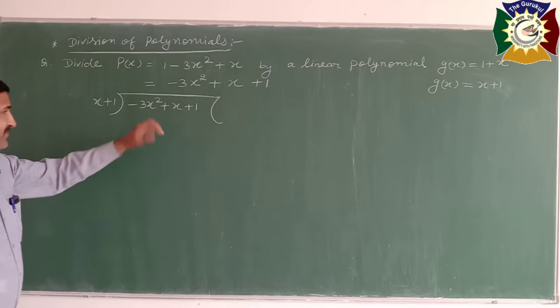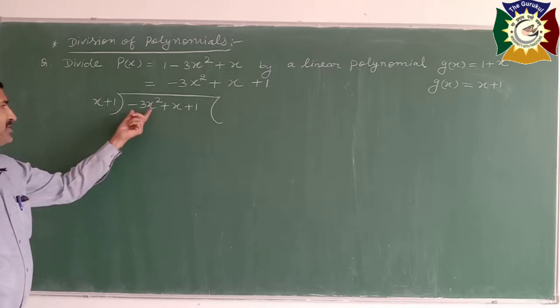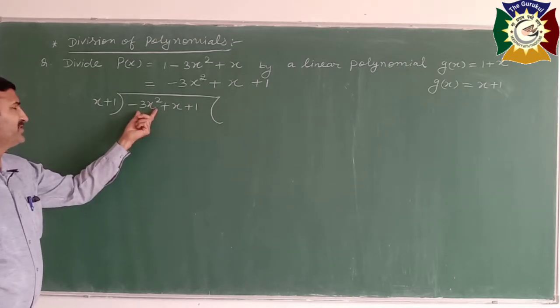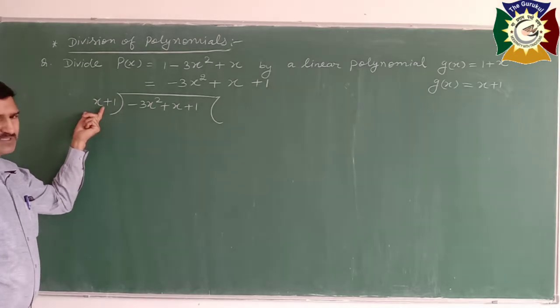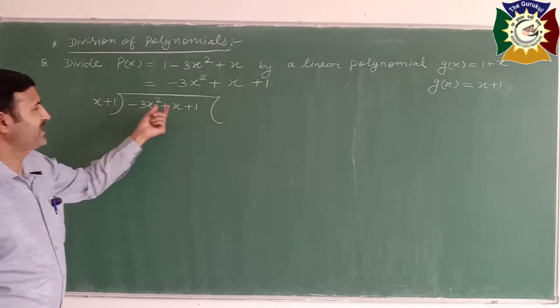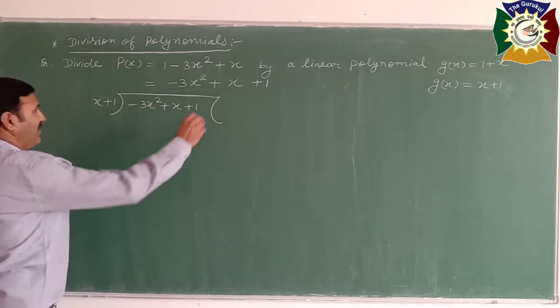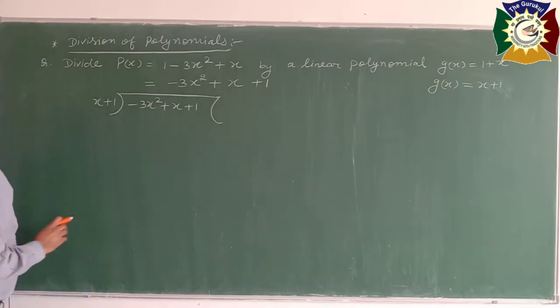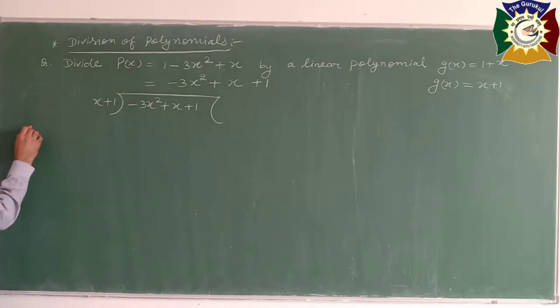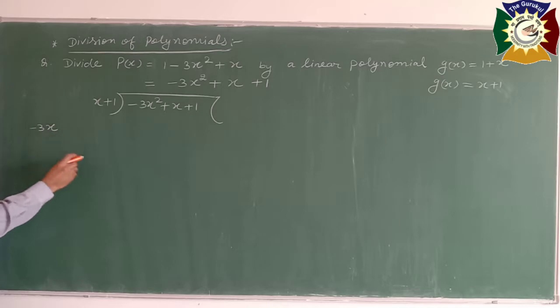The basic concept for this: we have to divide the first term of this polynomial with the first term of the divisor, and then we will write the quotient. The first term of this dividend is minus 3x square and the first term of the divisor is x.